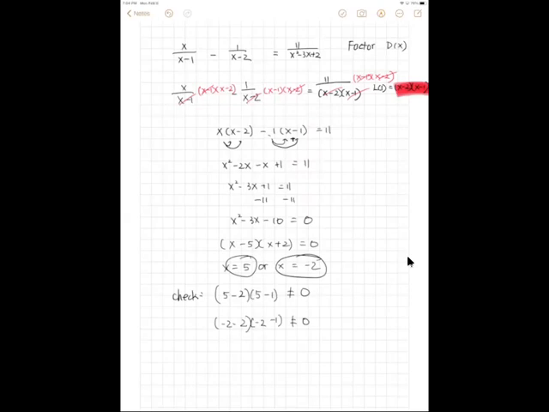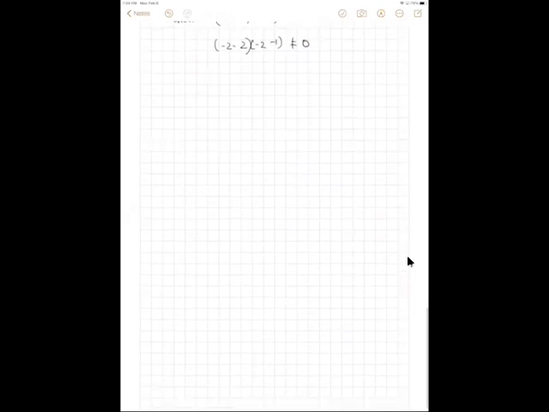Okay, next, what if we have a numerator with more than one term, such as this one? (x squared minus x minus 3) over (x minus 3), minus (x plus 2) over (x plus 2), equals 5/8.